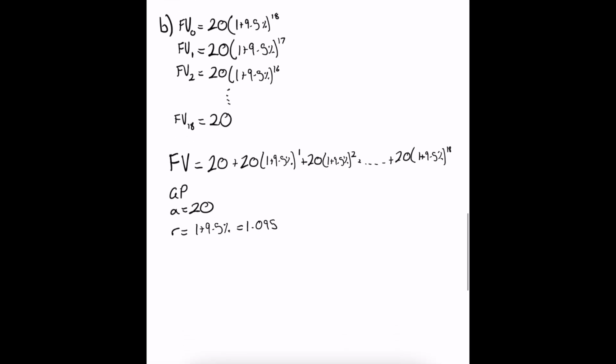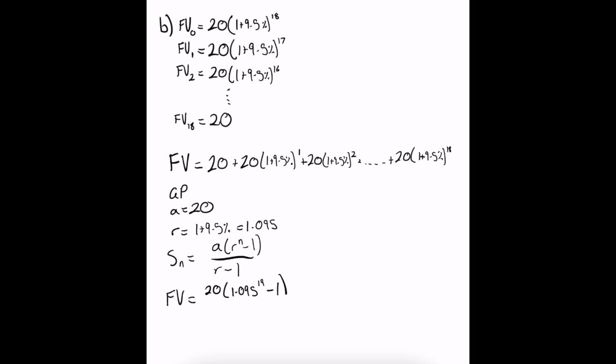And so what we can then say is that we're using the sum of a GP, which is Sn equals a outside of r to the n minus 1 over r minus 1. When we plug in these formulas, we get that the future value is equal to 20 outside of 1.095 to the power of 19. So our n is 19 because there are 19 terms within this series.